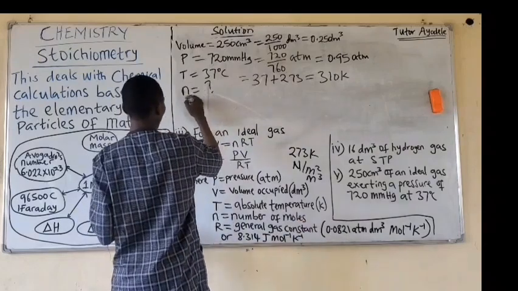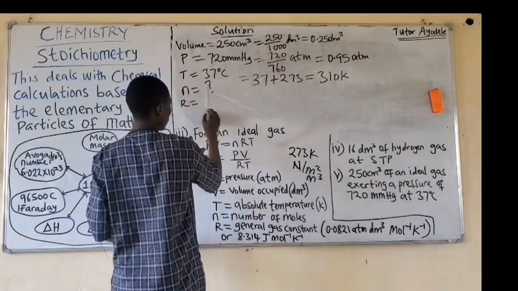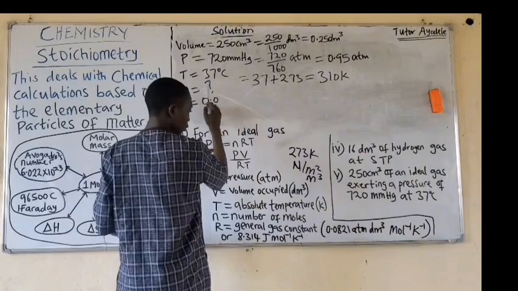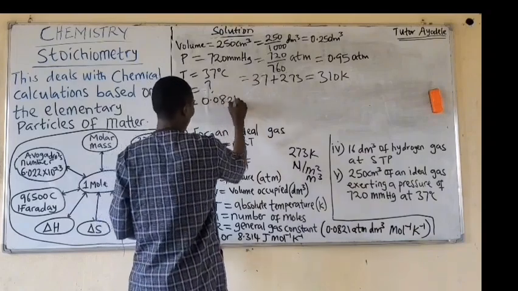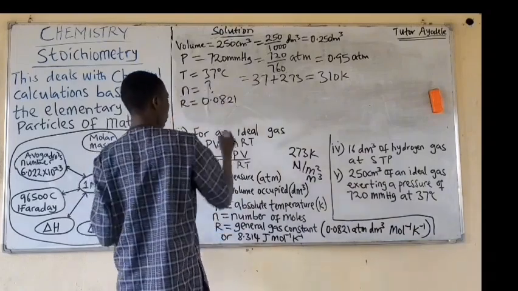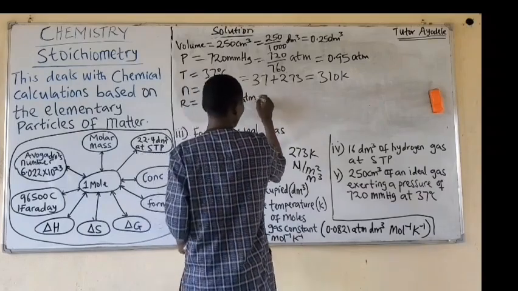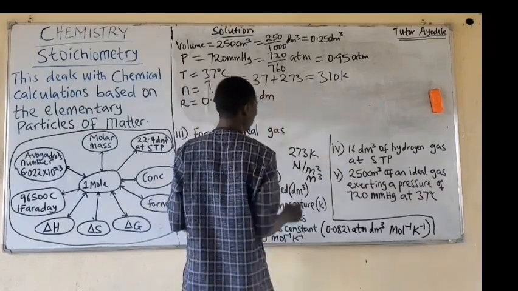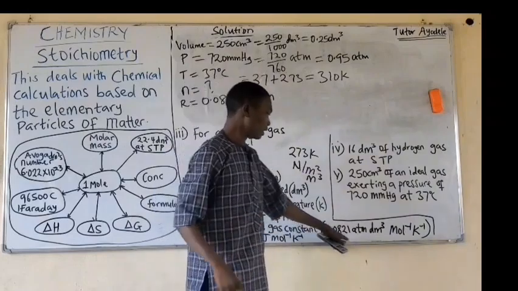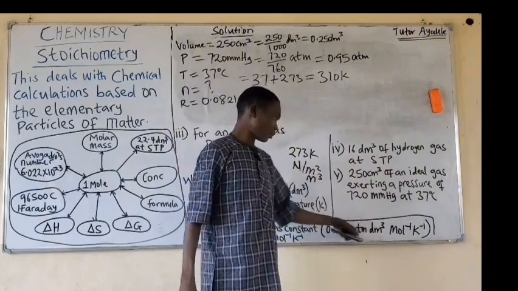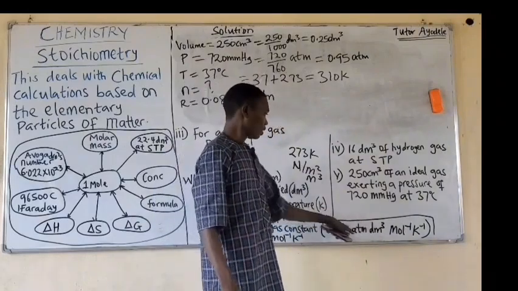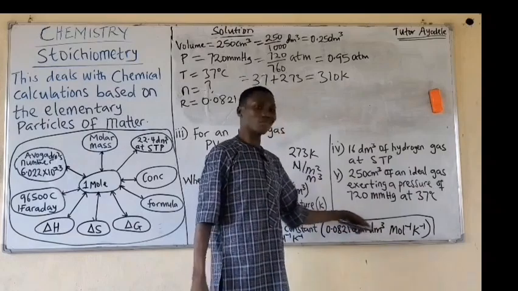Then we can make use of this value for our R. Therefore, our R is equal to 0.0821 ATM dm cube. One thing I will show you, how they arrive at this unit, I will show you at the end of this video. They don't just arrive, you don't need to cram this unit.